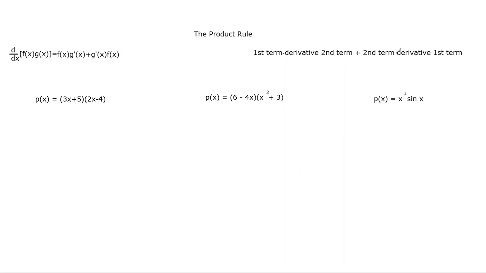Okay, so now let's look at some of these examples. All right, so first we have p of x is equal to 3x plus 5 times 2x minus 4.